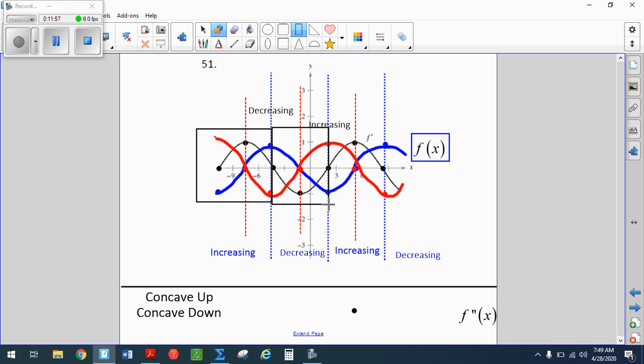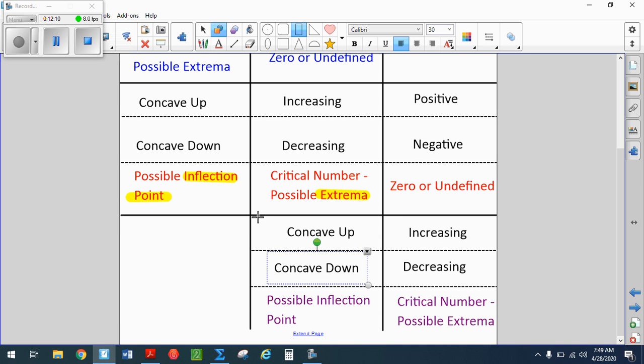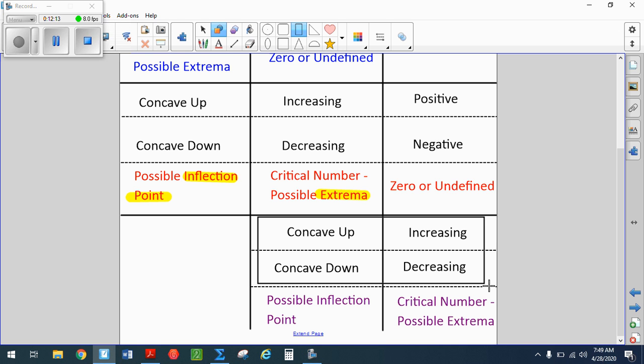Then on this next rectangle of space, my derivative graph is concave up, which means that the second derivative is increasing. So looking at this space, concave up, increasing, concave down, decreasing.